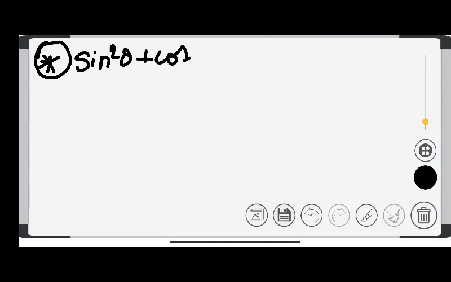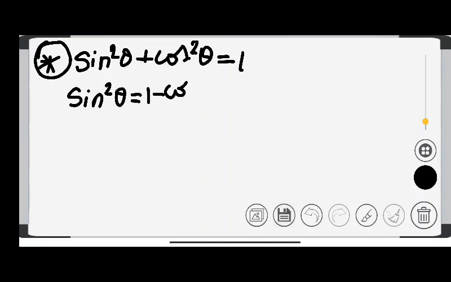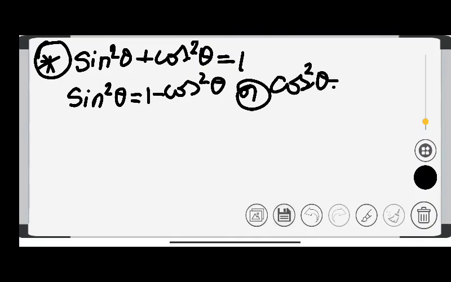So let's start with the new one. We have studied an identity. What is that? First of all, we have studied that sine square theta plus cos square theta is equal to 1. We have written this as sine square theta is equal to 1 minus cos square theta, or you can write that cos square theta is equal to 1 minus sine square theta.